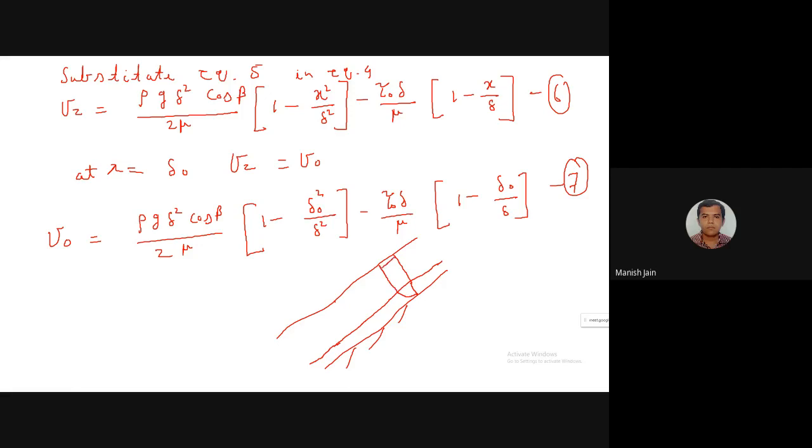So here the velocity of the solid block is V naught. At the bottom part, velocity can be represented by equation number 6, and V naught can be represented by equation number 7.